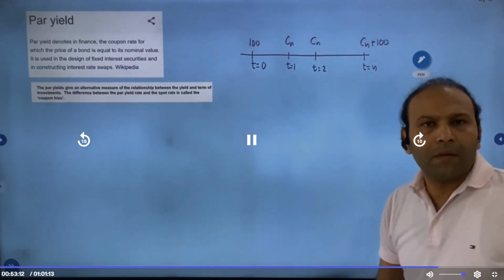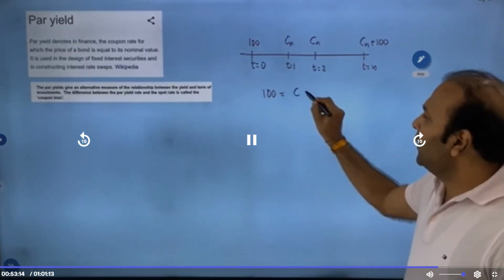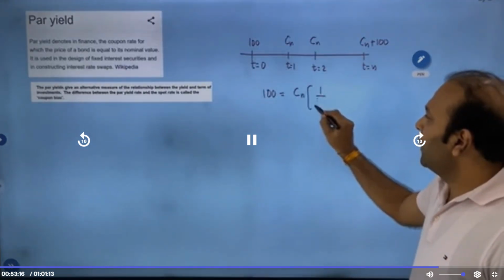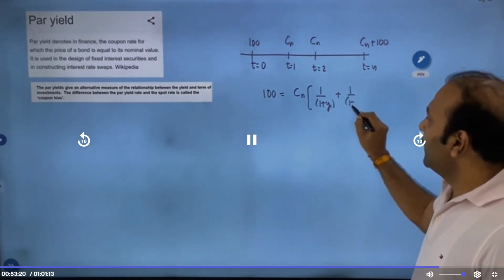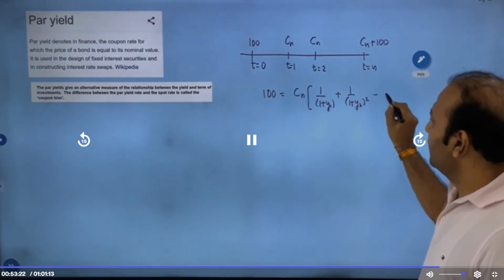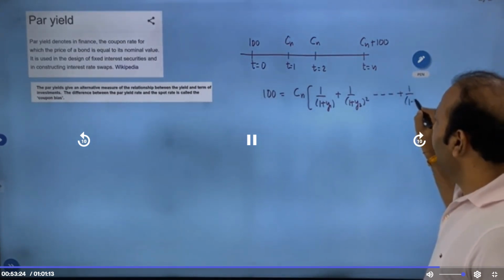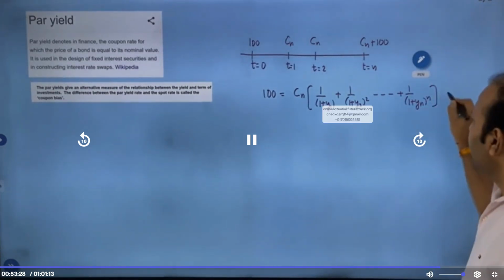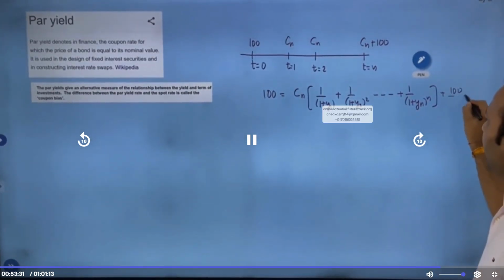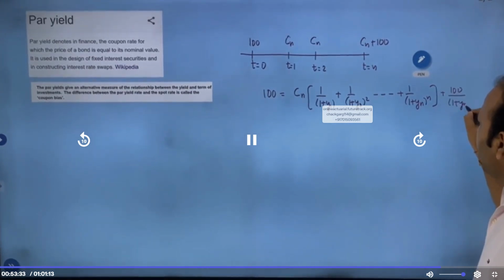So class, 100 is equal to Cn times [1 by 1 plus y1, plus 1 by (1 plus y2) squared, and so on up to 1 by (1 plus yn) raised to power n], plus 100 divided by (1 plus yn) raised to power n.